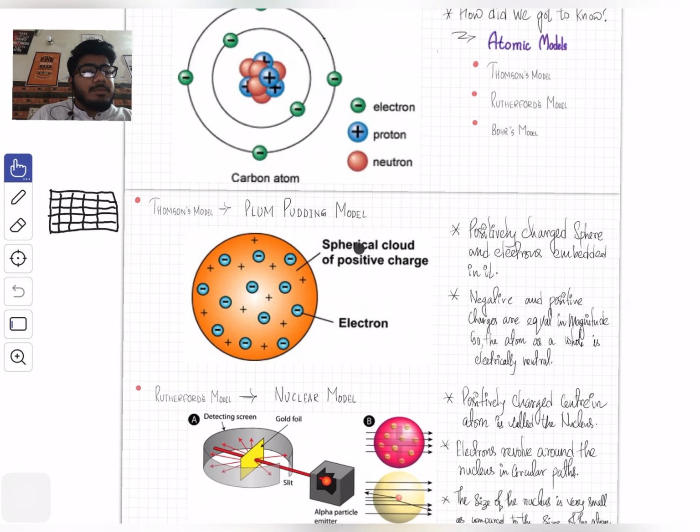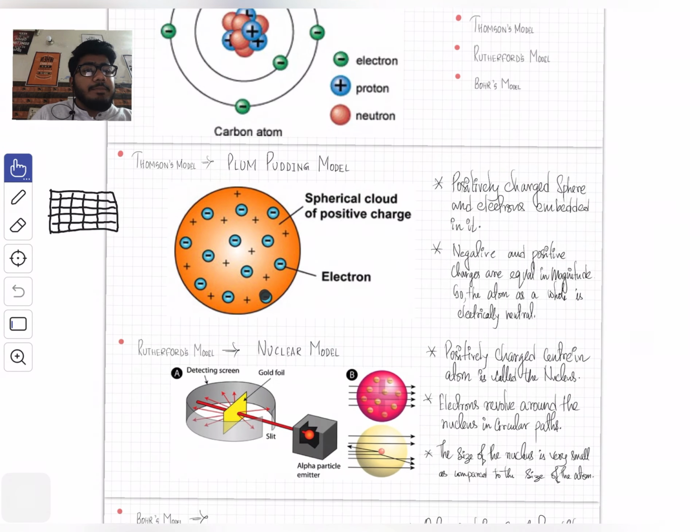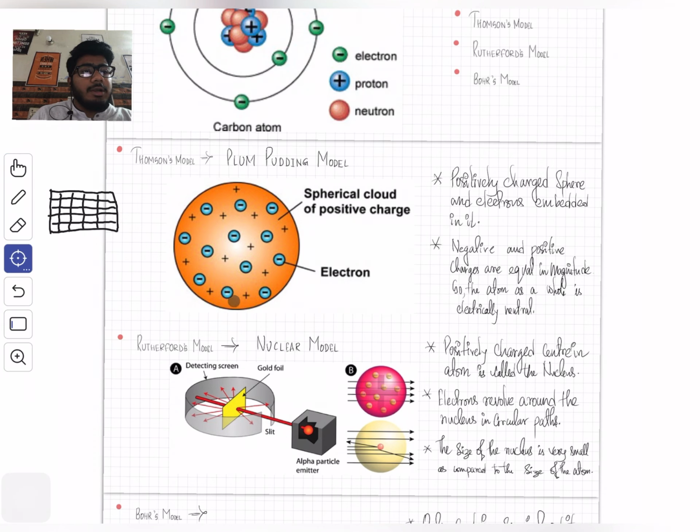the Thompson's model, which is also known as the plum pudding model. So we can take the example of a pizza which has different vegetables, or we can say chicken pieces and all in it. We can consider it as a sphere. So Thompson considered this as a pie, and the different dry fruits or cherries in it as the electrons and protons.